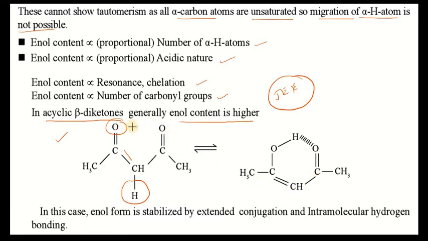After that, we observe the enol form here, and between hydrogen and oxygen a slight attraction is also shown, because intramolecular hydrogen bonding is possible in this case. Enol form is stabilized by extending the conjugation, and intramolecular hydrogen bonding is also possible.